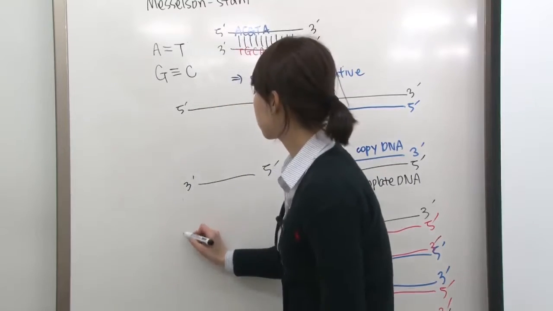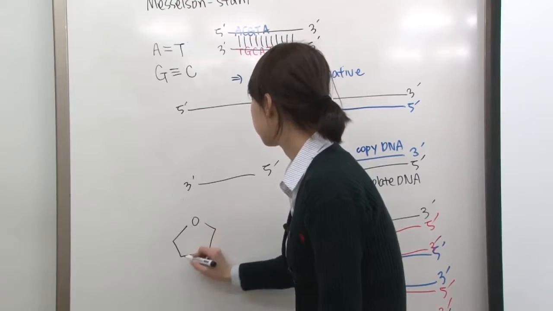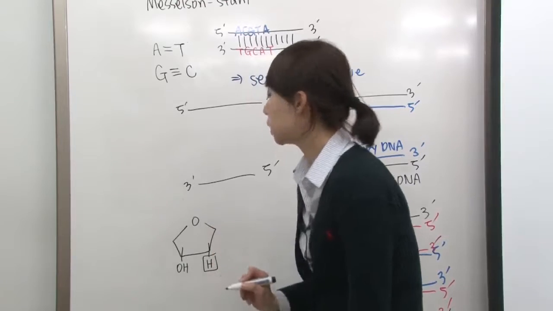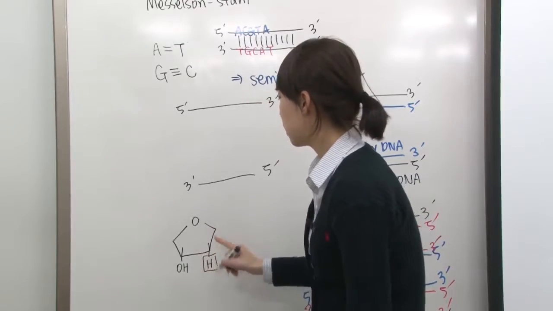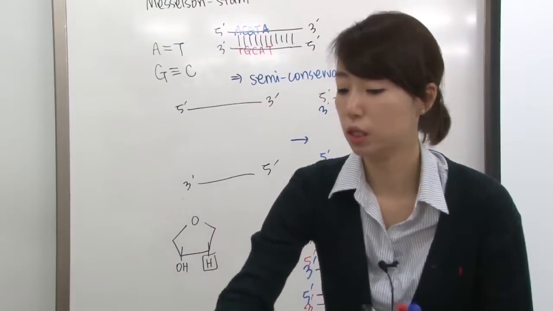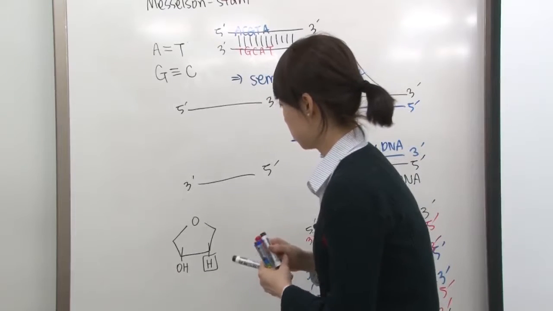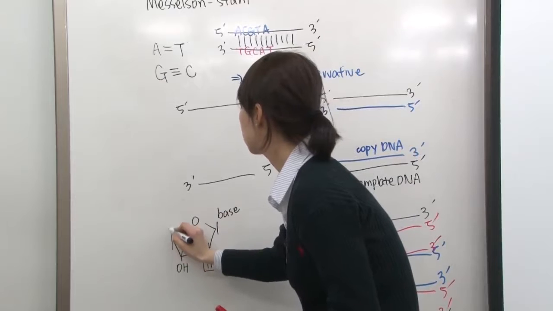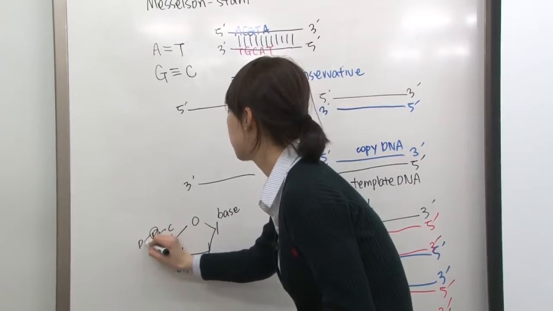Remember for DNA, this is deoxyribose, meaning the second carbon, and this is the base, and this is the phosphate.